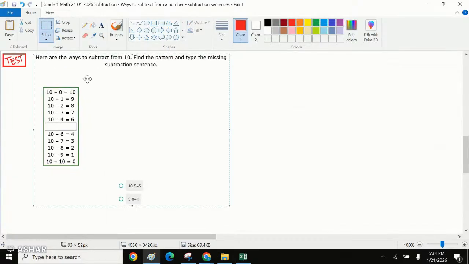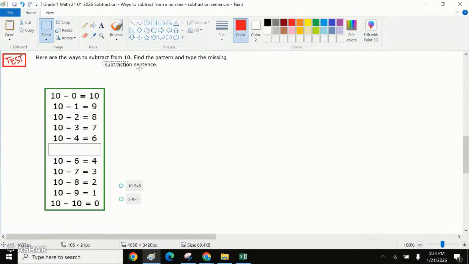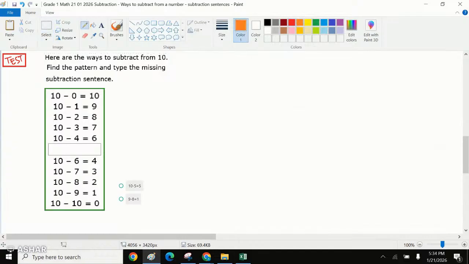And the first question from the test is given as this. These values are given to us, and we need to find a pattern and the missing subtraction sentence. So what can be the answer for this question number 1? Would it be option A or option B?